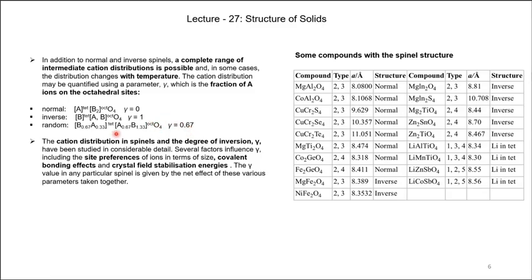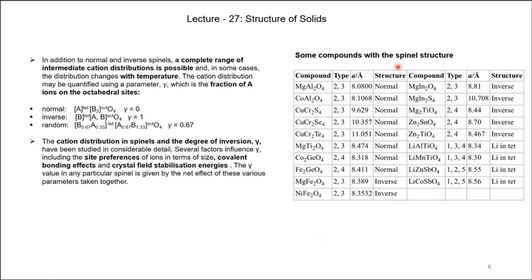The gamma parameter influences the site preference of the ions: size of the ions, covalent bonding effects, crystal field stabilization energy. These are the properties by which the distribution of the cations is described as inverse, normal or random spinel structure.